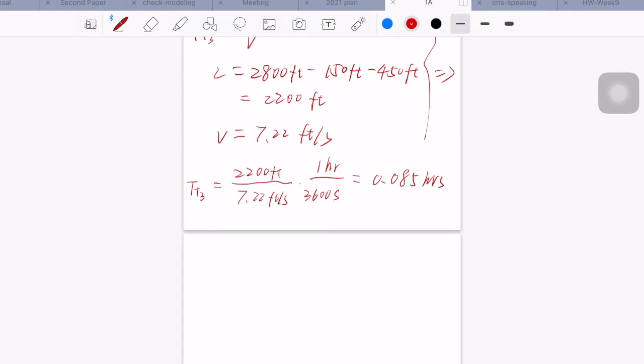So now we can determine the time of concentration Tc should be equal to 0.219 plus 0.063 plus 0.085. So the value is 0.367 hours. This value also equals 22 minutes.